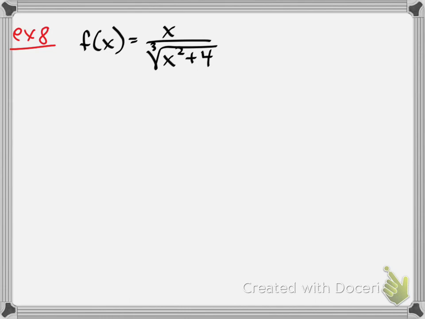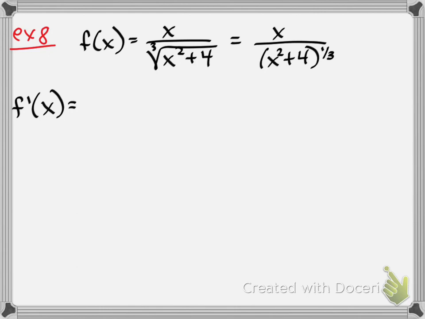If we rewrite it friendlier and leave it in the denominator, then it's x squared plus 4 to the first power over the third root, power over root. I think I would do that and do quotient rule. You could move it to the top as a negative 1/3 power and do power rule. It's up to you.